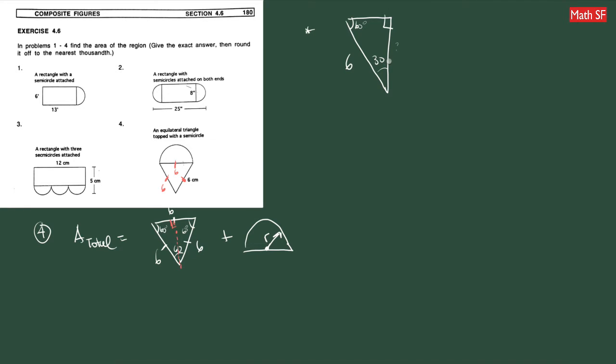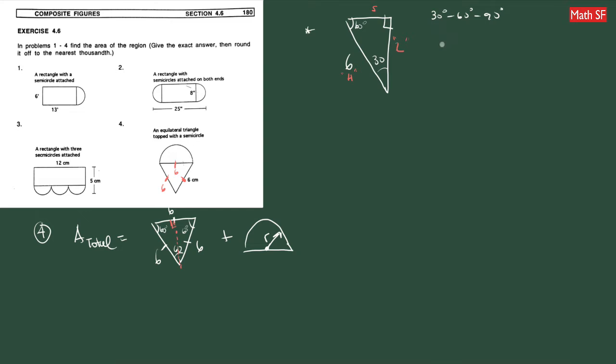How are we going to find it? Recall that we did these special triangles in the previous chapter. So you're going to have a 30-60-90 right triangle, in which this one is the hypotenuse, the small angle is opposite the small side, and this is going to be the long side. We're practically looking for the long side.